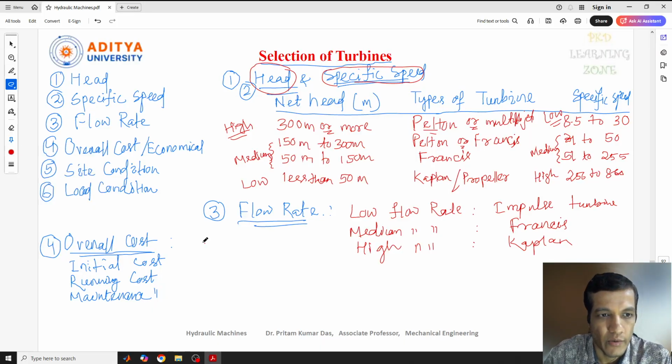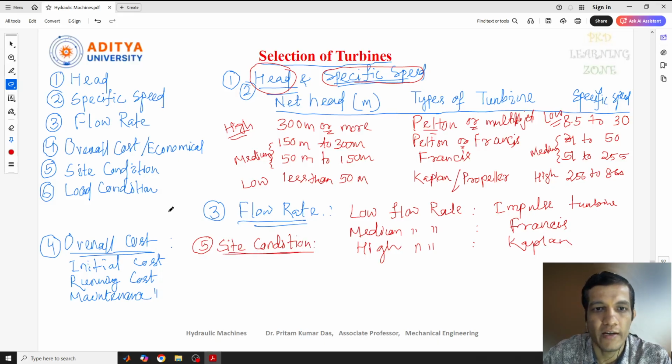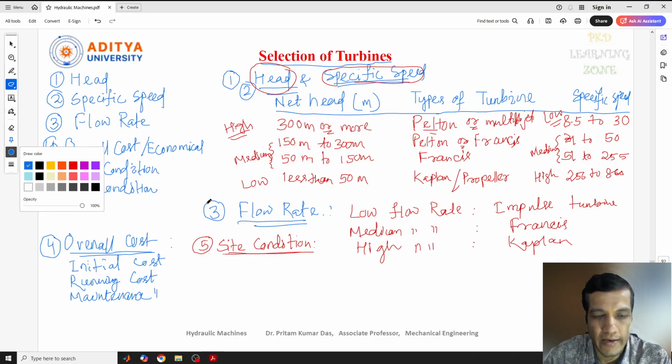And the next one we can see, as I told you, the site conditions. In the site conditions we need to check a few parameters. What kind of site needs to be selected for the installation of turbines? In that case we need to check whether the water availability is there or not.